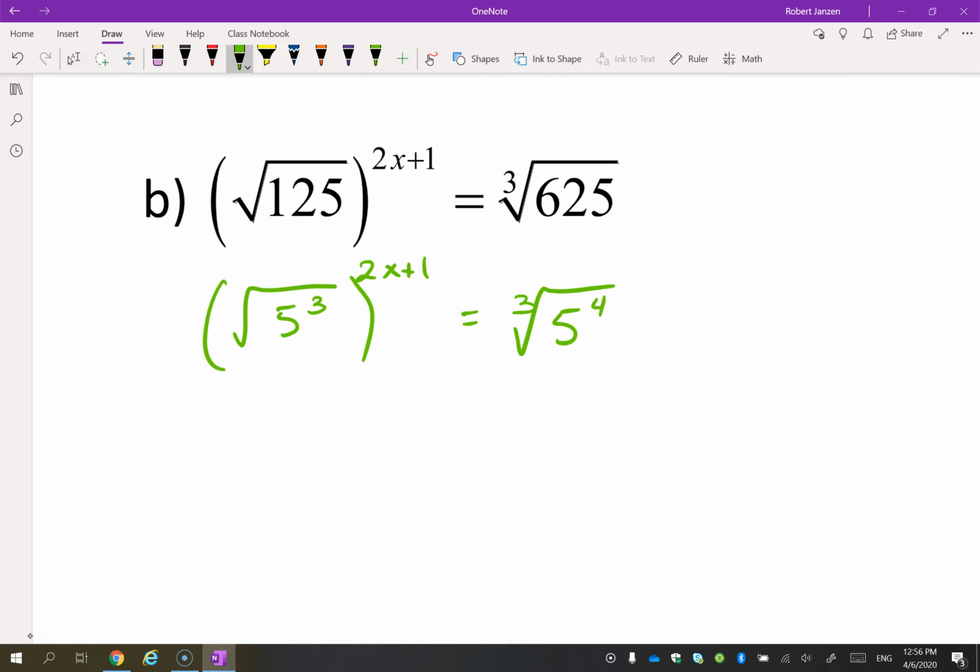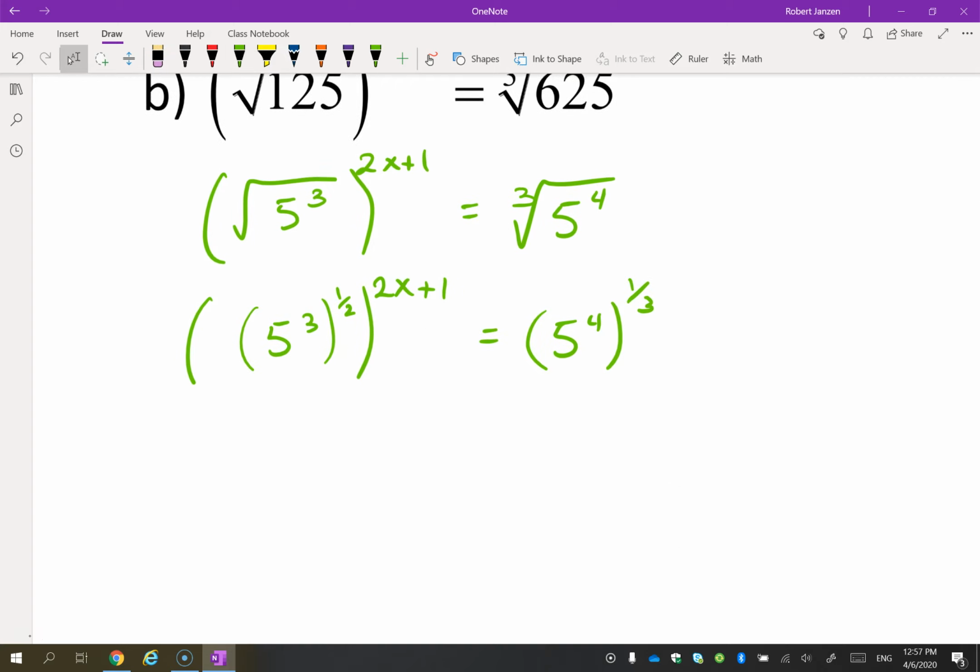So then I'm going to take the radicals now. So this is 5 cubed, and instead of the root, I'm going to put to the power of a half. And here, instead of the cube root, I'm going to put to the power of 1/3. Now here you have power to a power to a power. You need to multiply this.